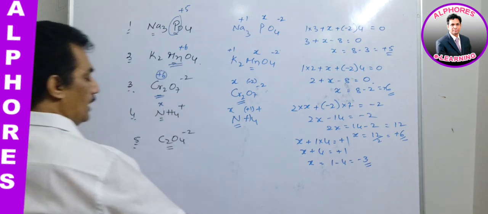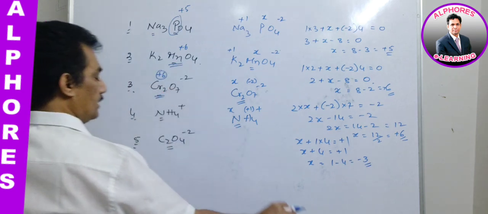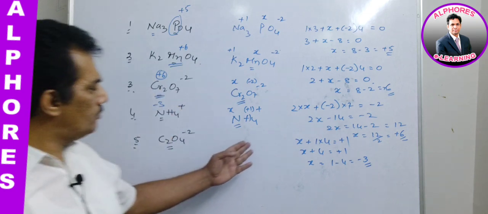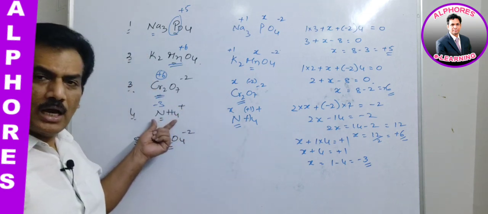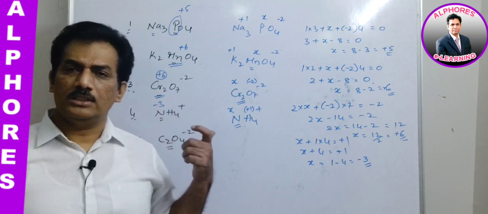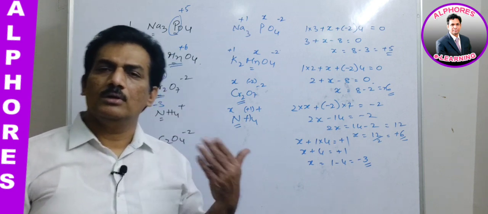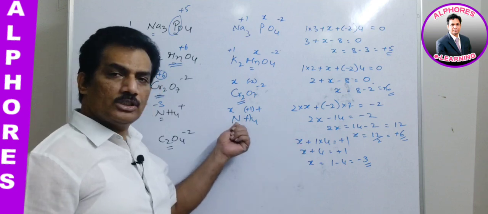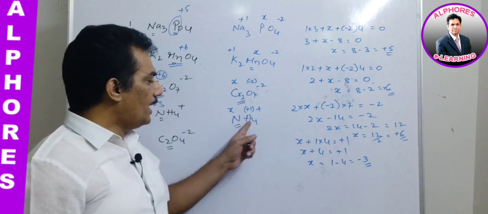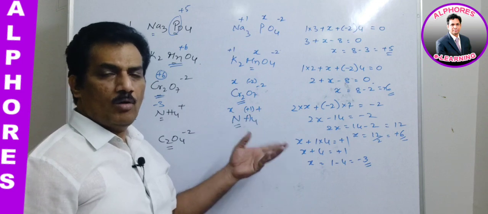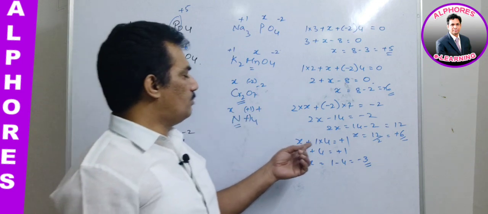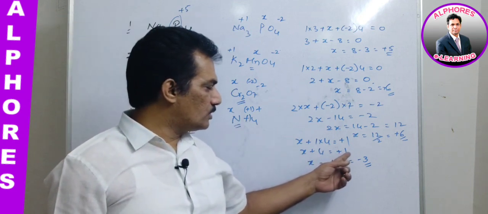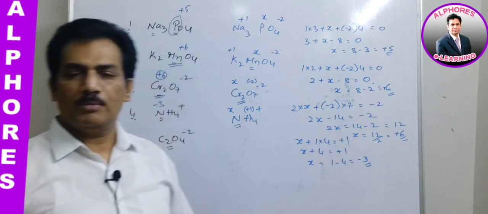So here the nitrogen oxidation state is found to be -3. Simply, in case of polyatomic ions, the sum of oxidation states of all the atoms is equal to its charge. The same principle we are applying. Each hydrogen is +1, and there are 4 hydrogens, and thereby 1 into 4 is equal to +1.